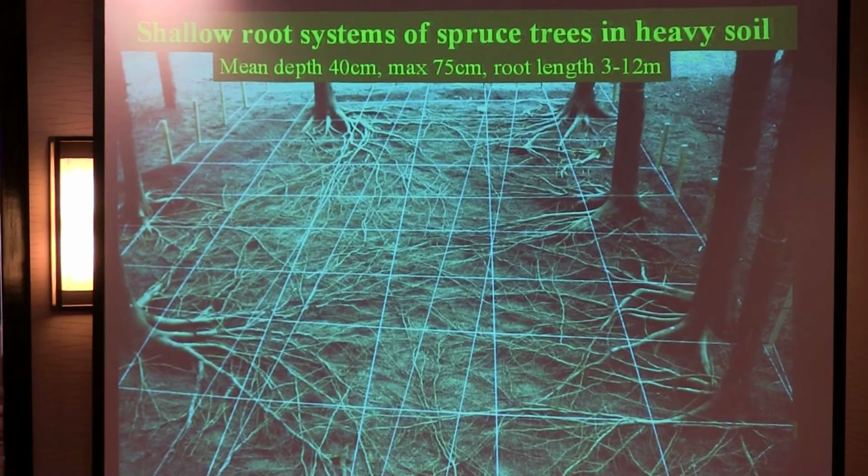This is another part of the root system which was opened, just to give an idea how difficult it is. We opened all this area to a depth of 40 centimeters within 6 hours using the air spade. If you do it by hand, you will spend a lot of time.